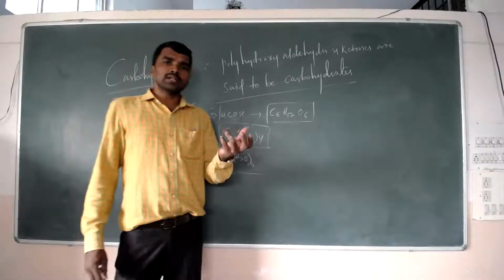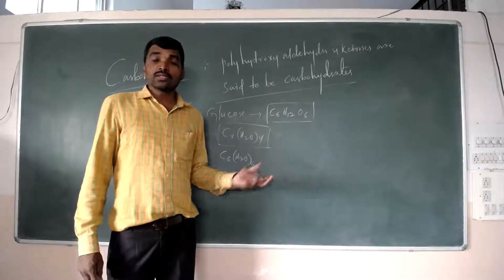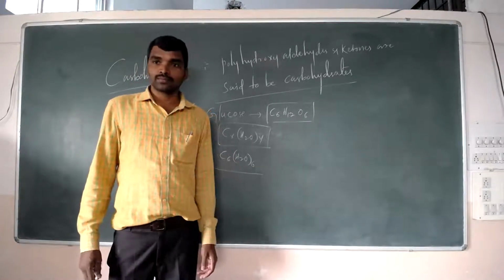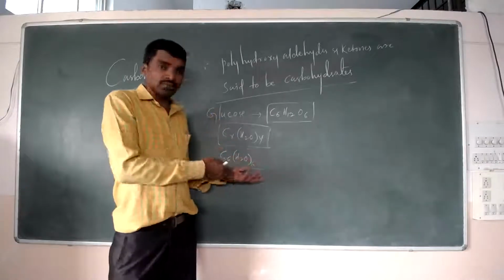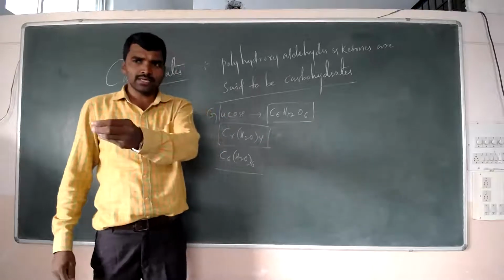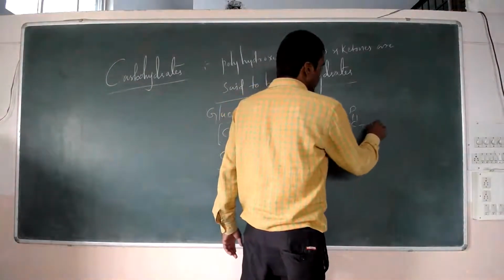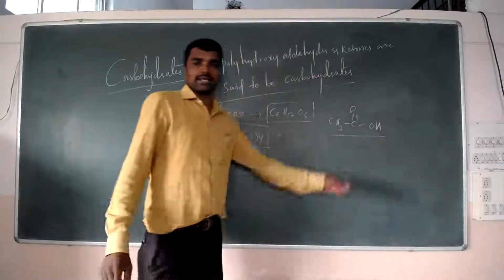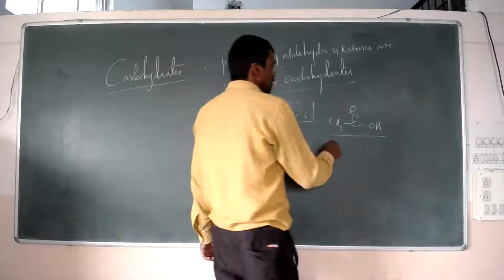But some molecular formulas fit into this formula and sometimes they cannot. Whatever formulas fit this formula, we can't say all are carbohydrates. I'll give another example: this is acetic acid, or ethanoic acid. What is the molecular formula?